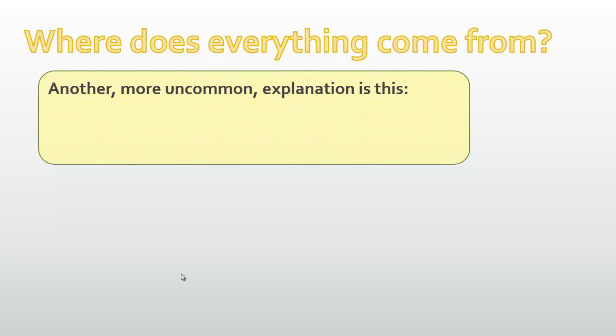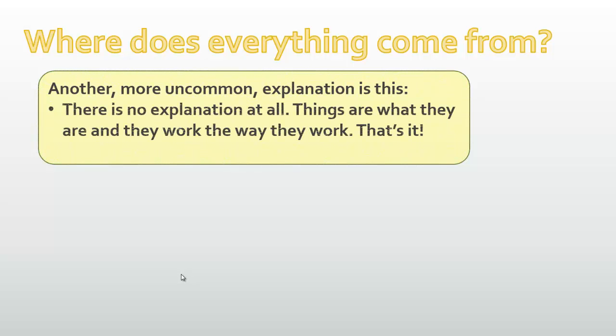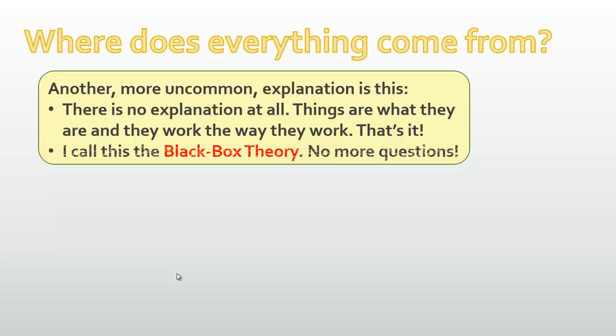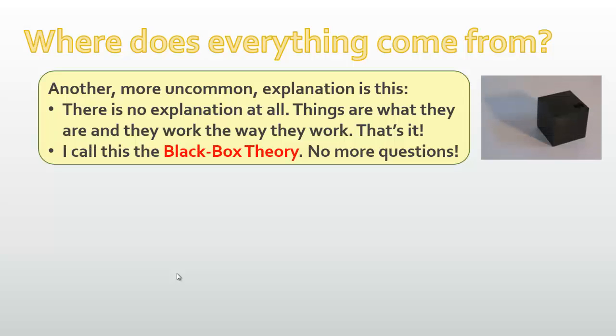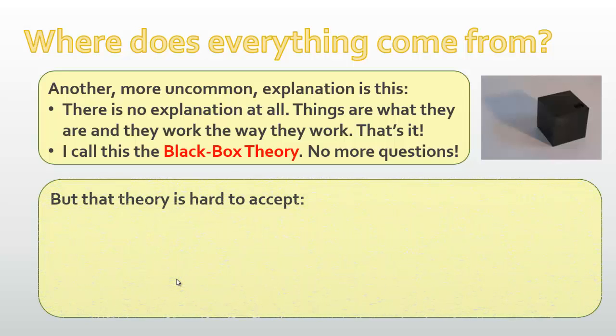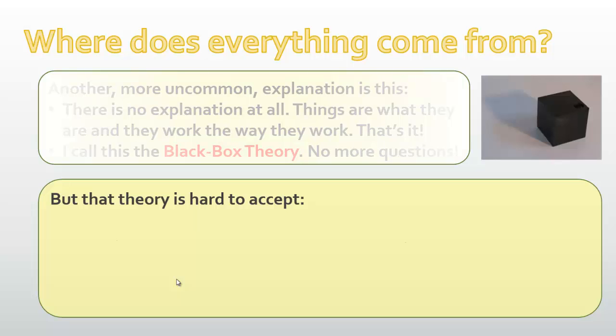Another explanation is there is no explanation at all. Things are what they are and they work the way they work. That's it. I call that the black box theory. Please, no more questions. Things are the way they are. A theory that is hard to accept.